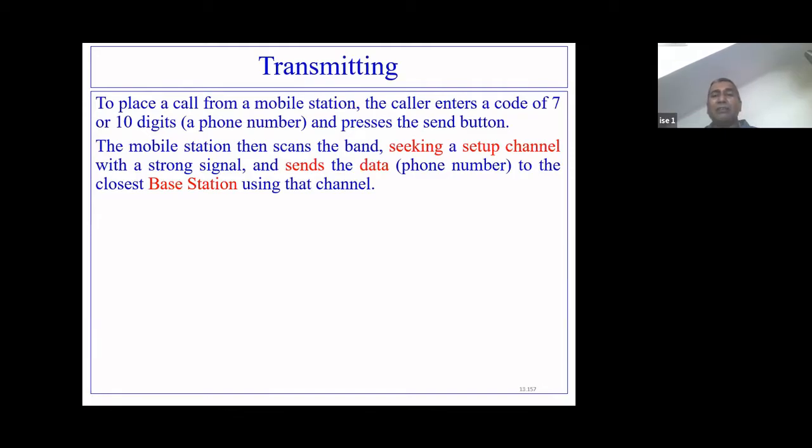And how does this happen? Your mobile station will scan for available bands, meaning those which have a strong signal. Since the base stations and cells are lying nearby, suppose it has found a channel which has a very strong signal.